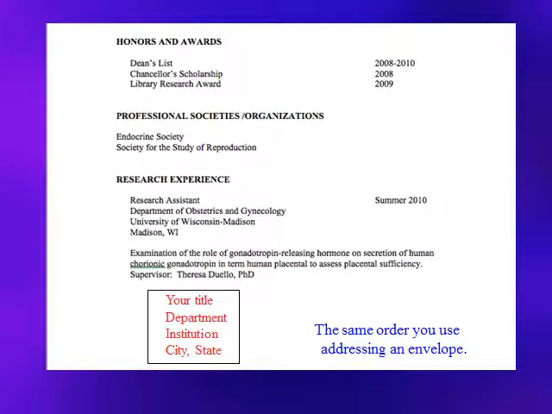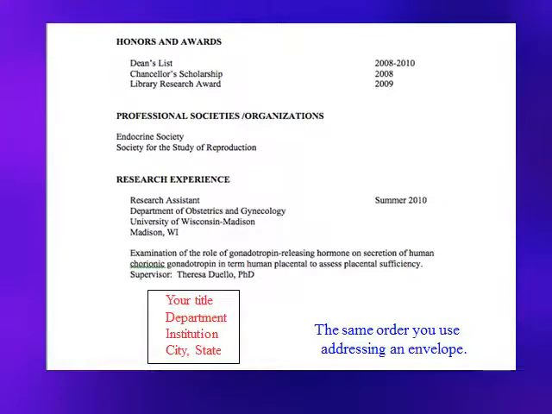Even if I'm using my CV on campus, where they know me, I still put all of this information. And here I have the period of time, summer 2010, off to the side. This is just like the same order you use addressing an envelope, from the most specific, research assistant, to the least specific, the city and the state.